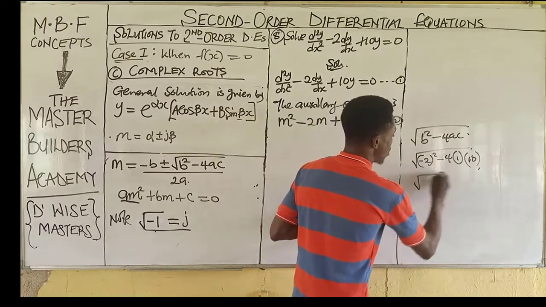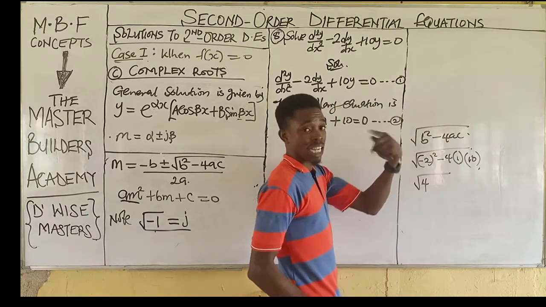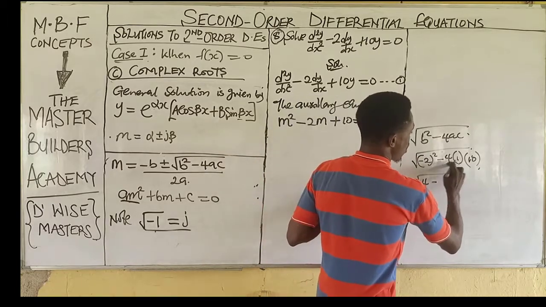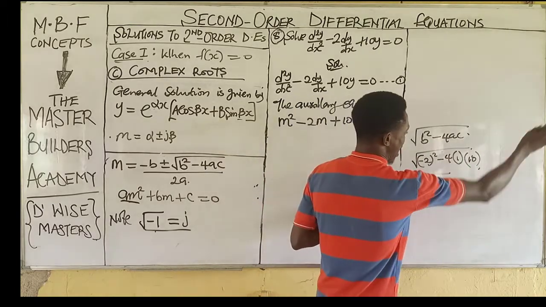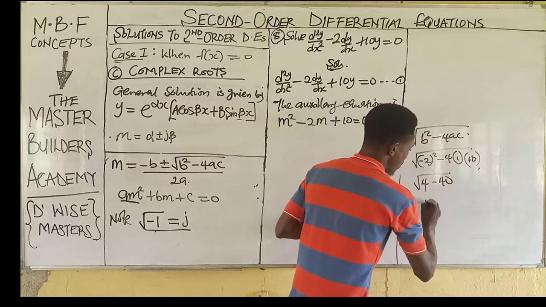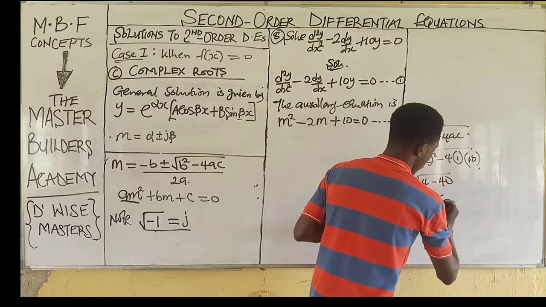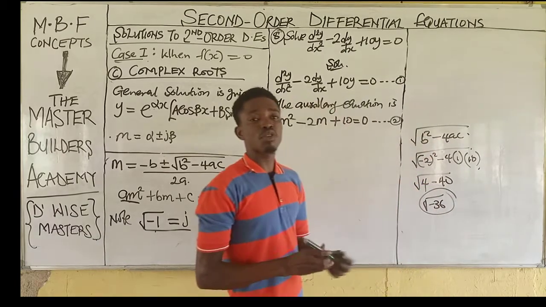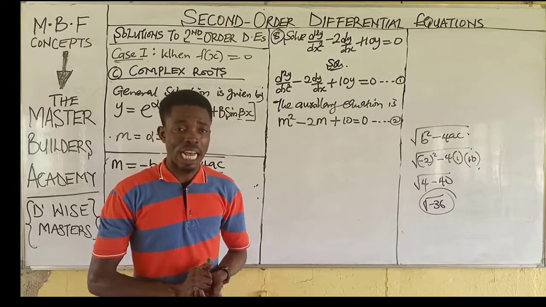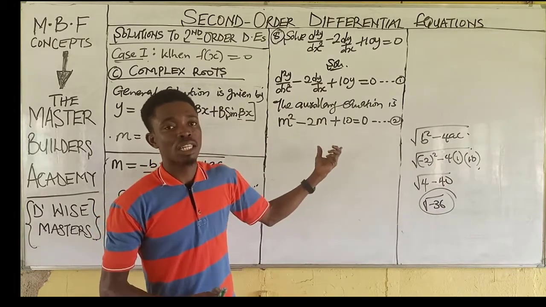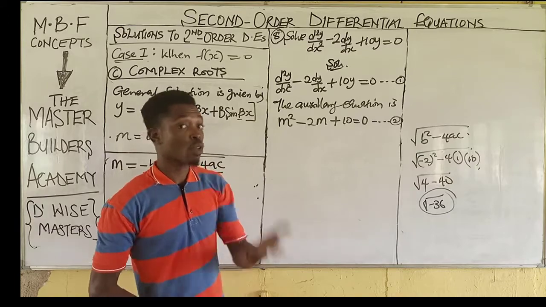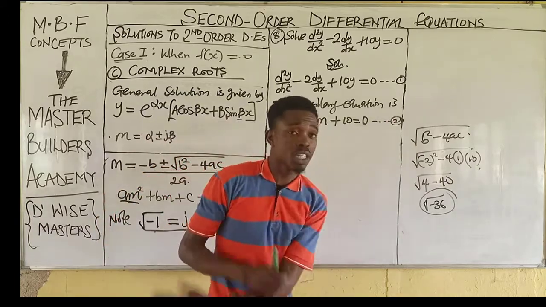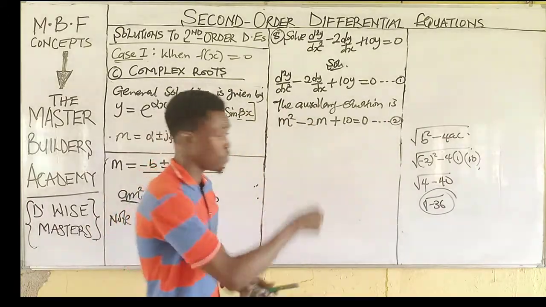When we multiply out, minus 2 times minus 2 is 4. And 4 multiplied by 1 multiplied by 10 is 40. And when we find the square root here, we have minus 36. So this negative value inside the square root shows that this particular equation is not factorizable. If you want to test run, you can use this formula.